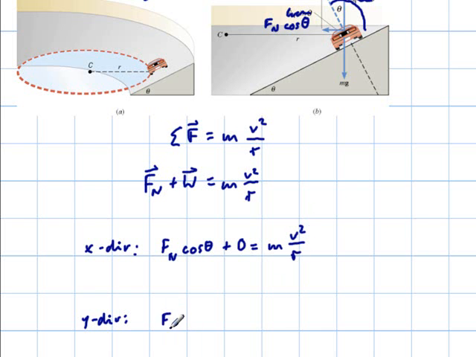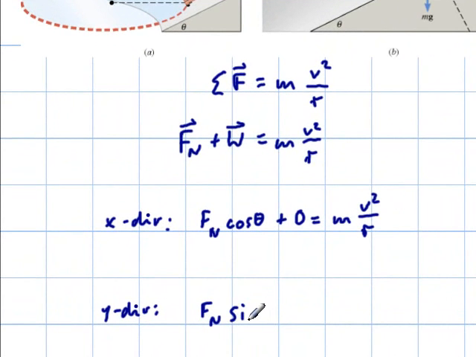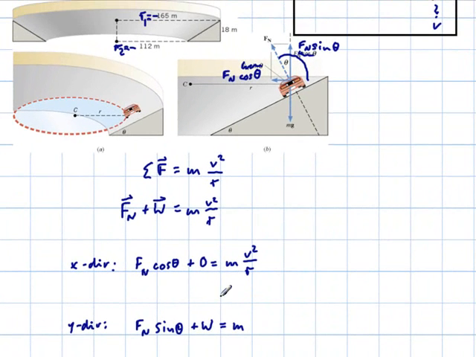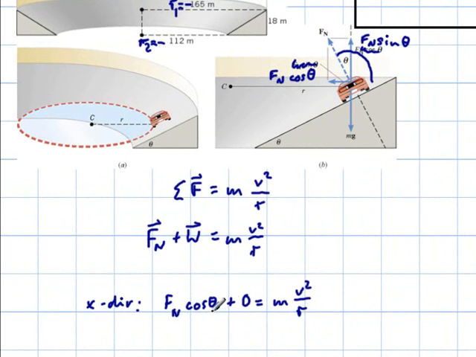And in the y direction, it's normal force sine of theta plus the weight, of course that would be negative, equals 0, because the car isn't going anywhere in the vertical. Okay, so we have set up Newton's second law, and we still don't know much.